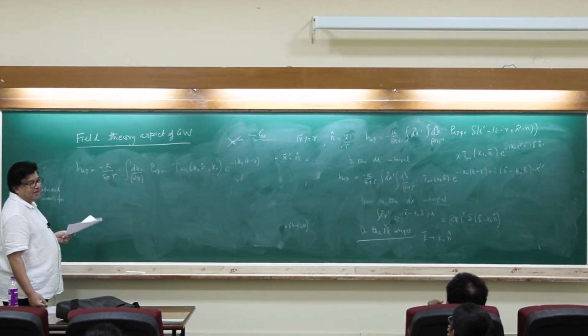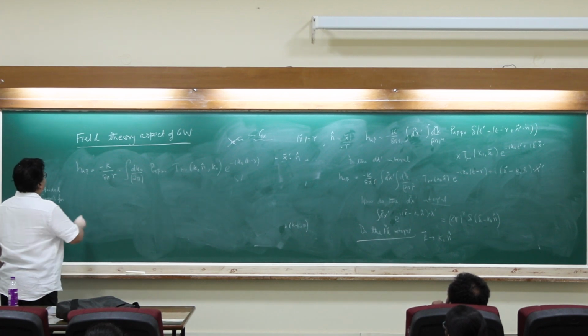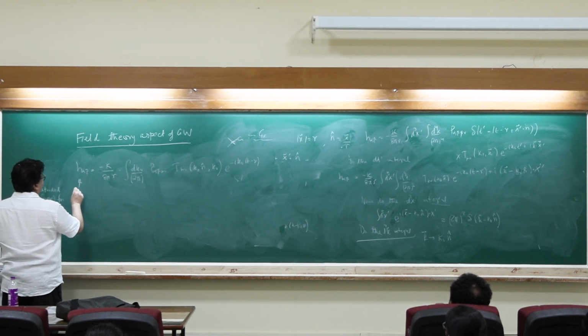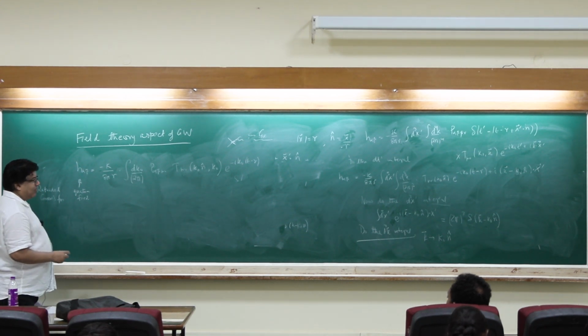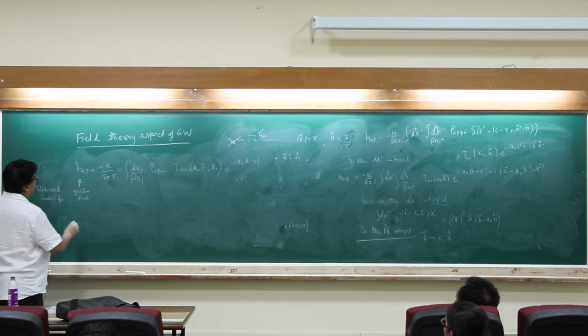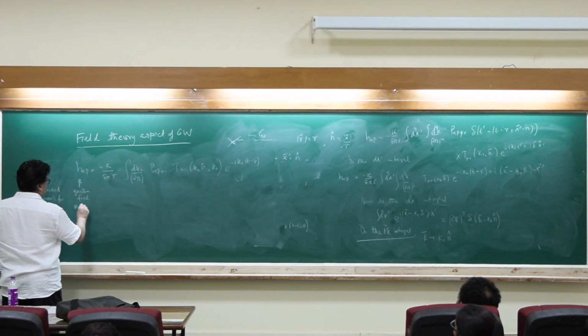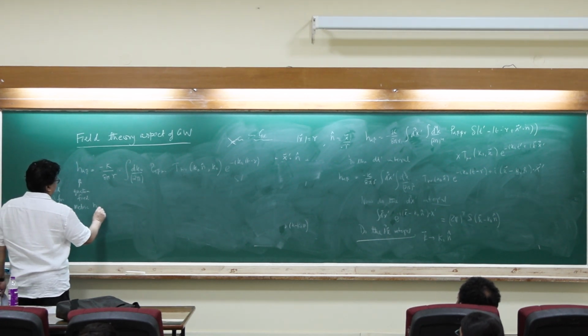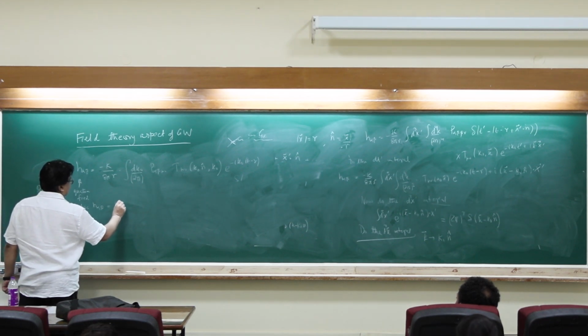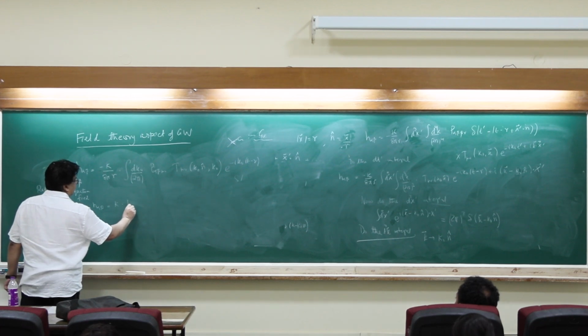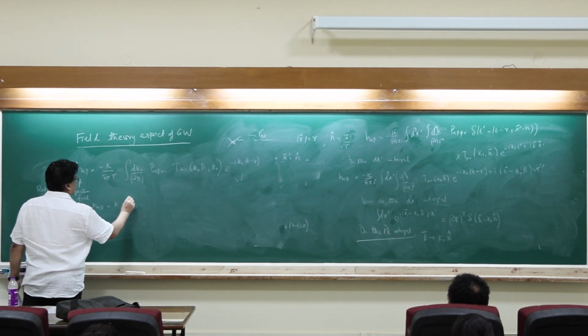So what do we do here? What we have done is, this is the metric quantum field. Whereas what we want is the metric. So the metric h alpha beta is kappa times the field.